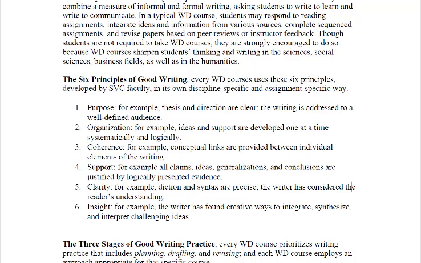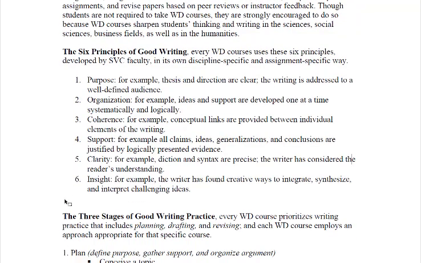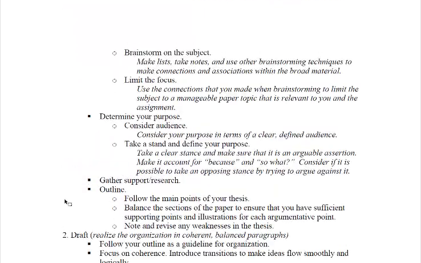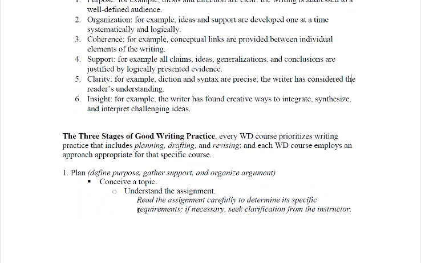All right, so those are the 6 principles of good writing: purpose, organization, coherence, support, clarity, and insight. So you should consider those 6 principles when writing any document. So next, let's focus on the 3 stages of good writing practice. Every writing designated course prioritizes writing practice that includes planning, drafting, and revising.